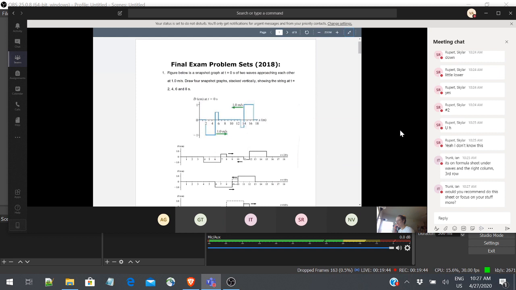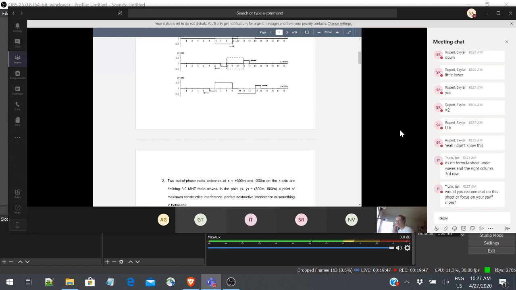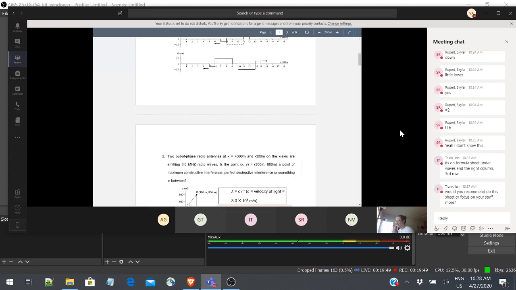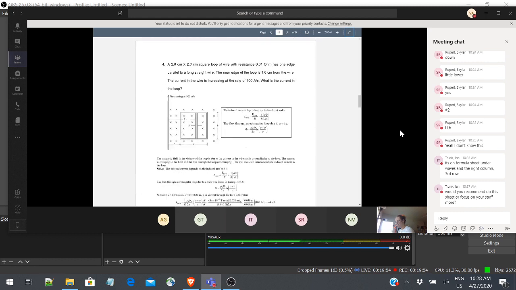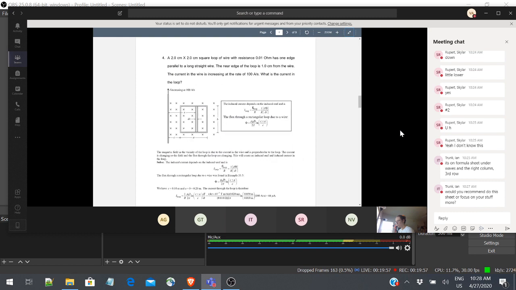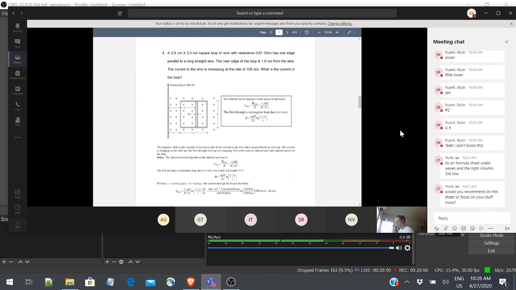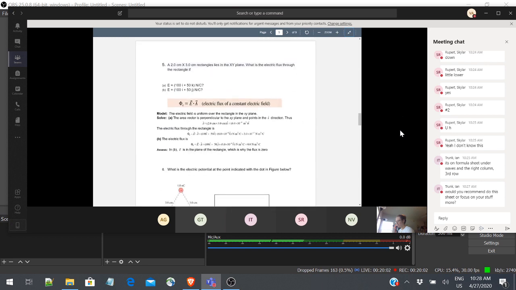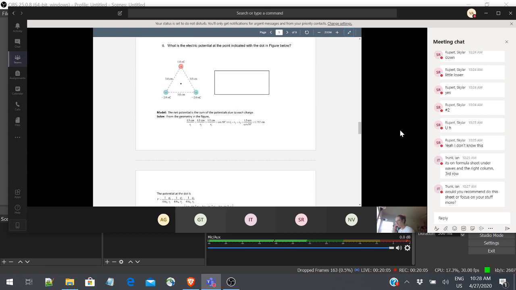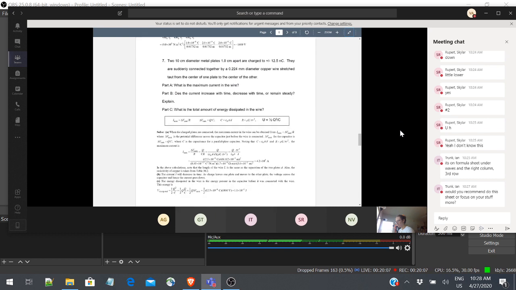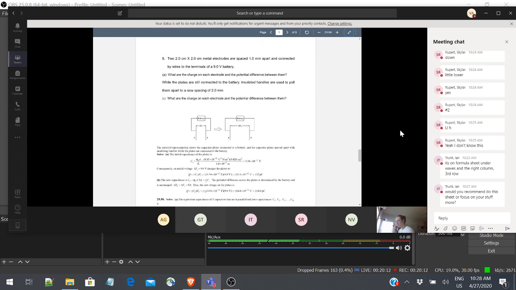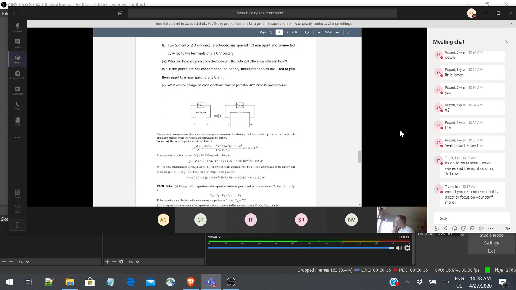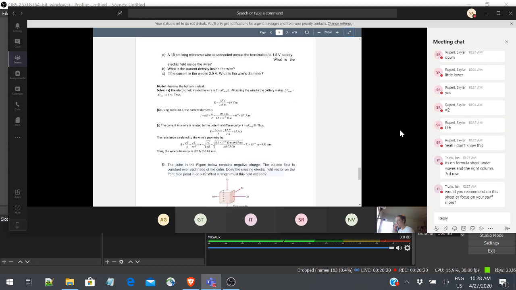So let me have a look. You don't need to know how to draw a snapshot graph because we don't know how to grade that. That's good practice. I mean, these are good practice problems.